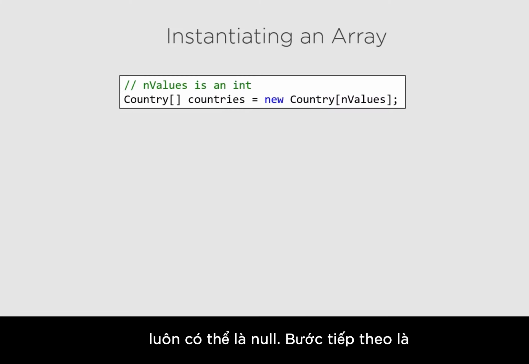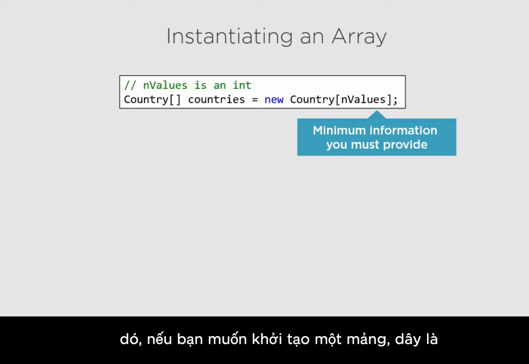The next step up is instantiating an array and saying how many values it must contain, but without actually specifying the values. As you saw earlier, if you do want to instantiate an array, this is the minimum information that you must provide. Arrays are always a fixed size, and that means that you can't create an array without saying how big it will be, how many elements it will hold.